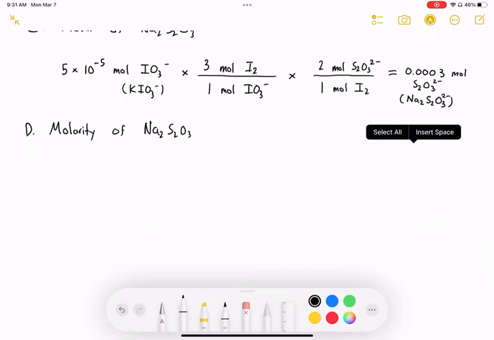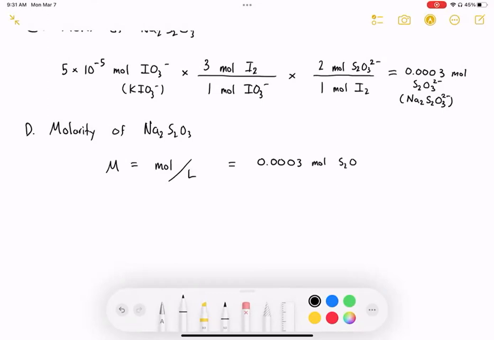So for our molarity, we have the moles over liters. In this case, we're going to use our volume at the equivalence point to determine the molarity. Because when we add the solution of thiosulfate, we're adding a known volume of it. So if we know the moles that we added in that volume, that'll give us the molarity. So moles of S2O3 2 minus over, well, let's put sodium in the mix.